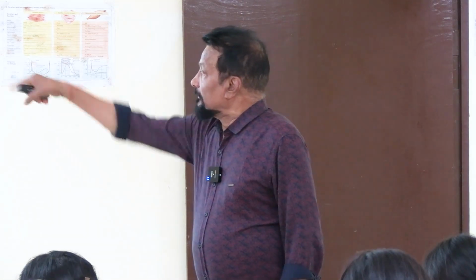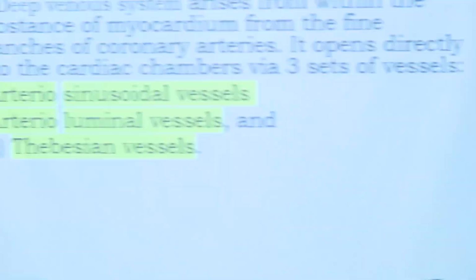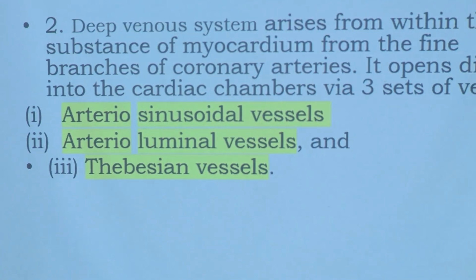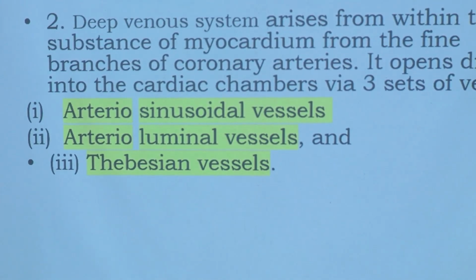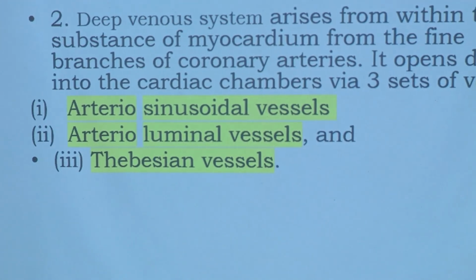And the deep venous system has three types of vessels: arterio-sinusoidal vessels, arterioluminal vessels, and Thebesian vessels. Through these, the arteries supply some blood, and this blood again comes back to the cavity of either the auricle or the ventricles.